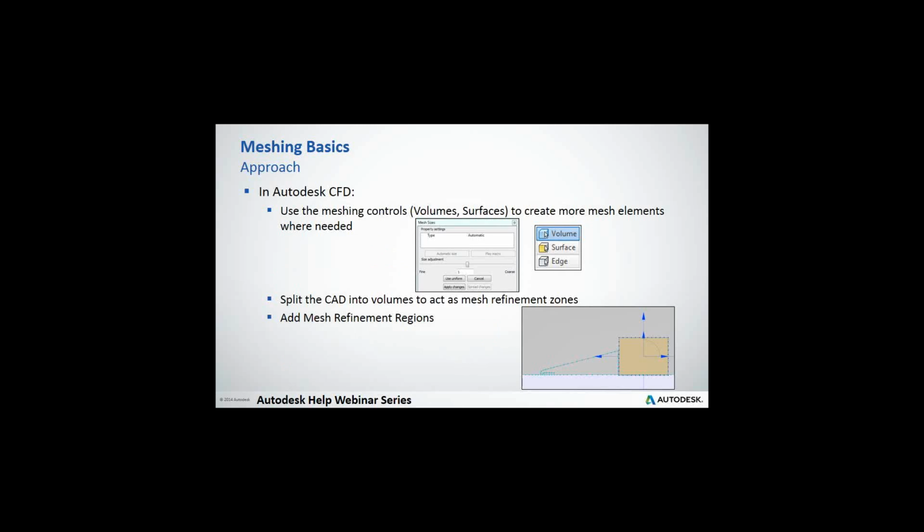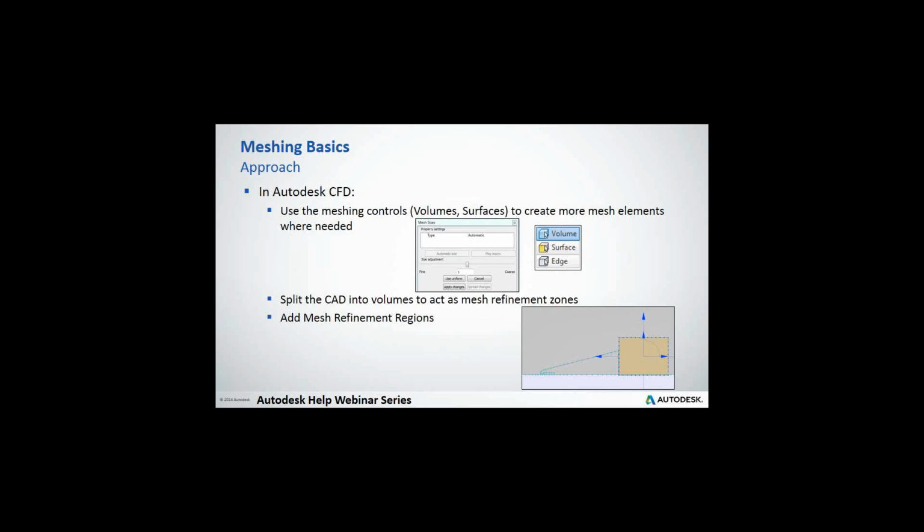So probably you're asking how we can do it in Autodesk CFD. It's by using the meshing controls, where you can choose either a volume, surface, or edge, and then refine it using the size adjustment. So it depends on your needs.